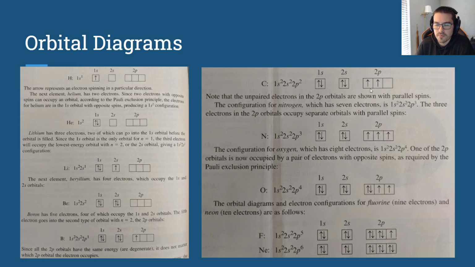The rule is, and I love electron configurations because there really are just rules that you can follow, that it goes into a different box. And that's going to be true for the 3rd electron in the p orbital as well. So as we move down to nitrogen, we're going to spread all 3 of those electrons in the p orbital into those 3 different places.